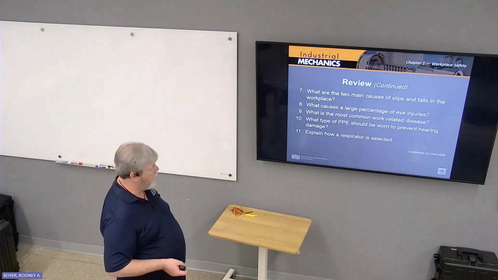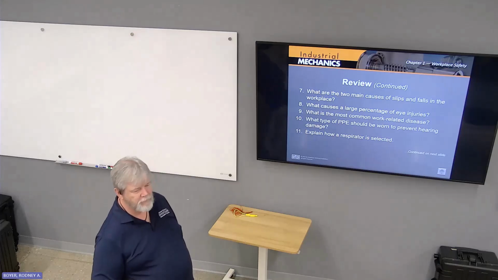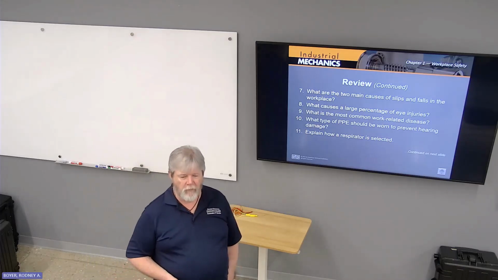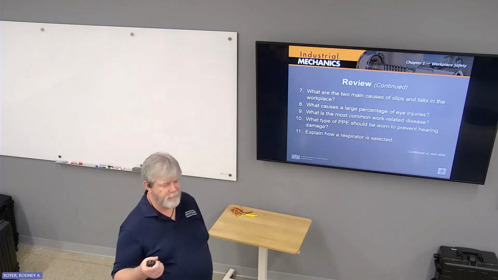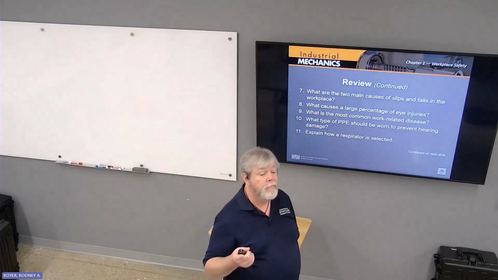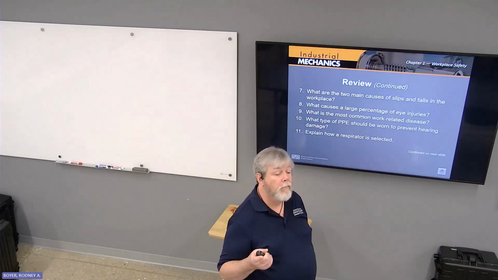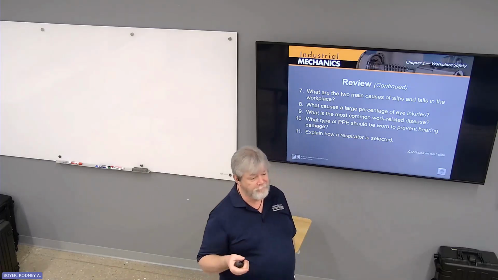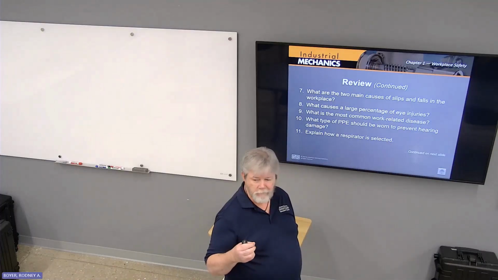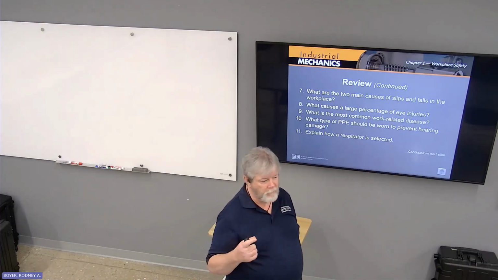Explain how a respirator is selected. Depending on the environment you're going to be in. Environment. Okay. That would be environment. On the job, you perform it. That would still be environment.